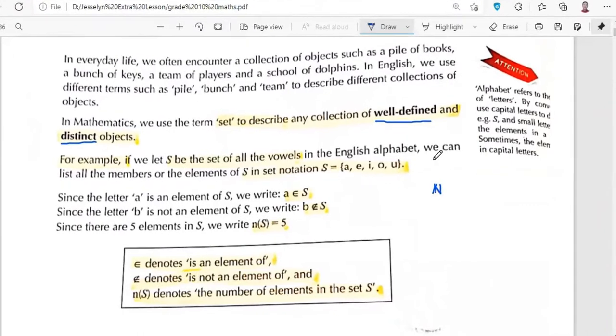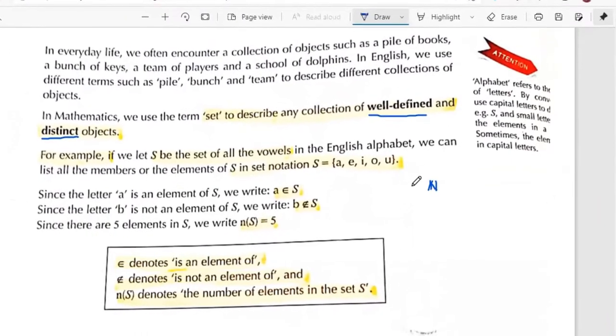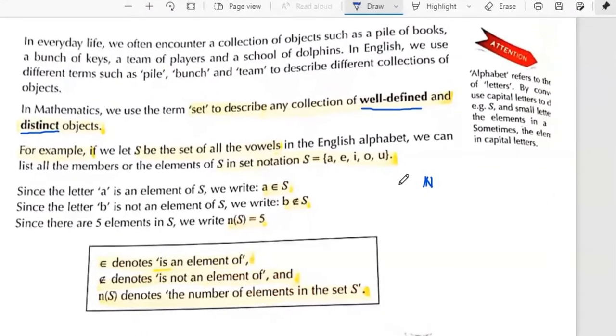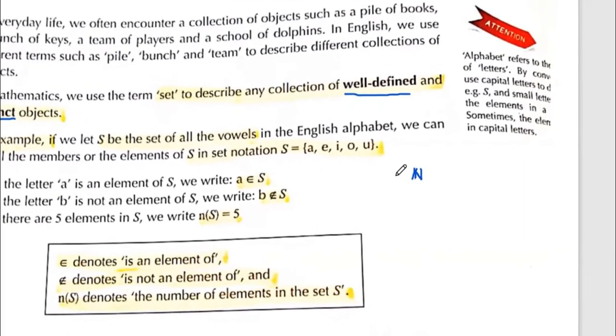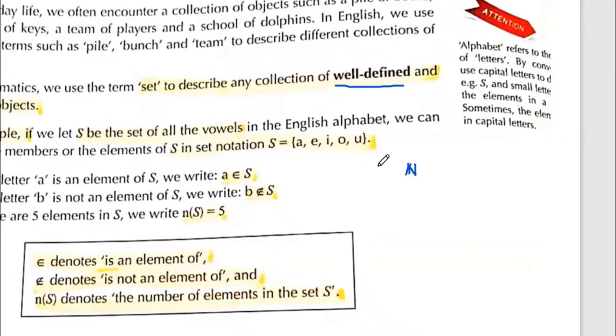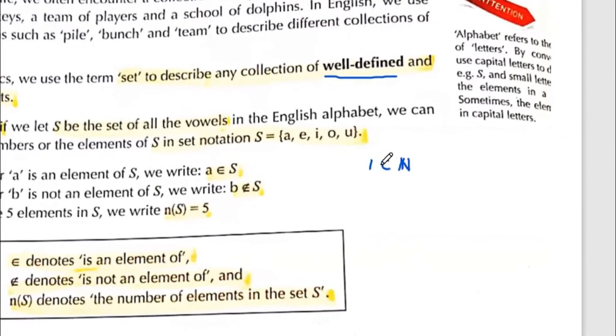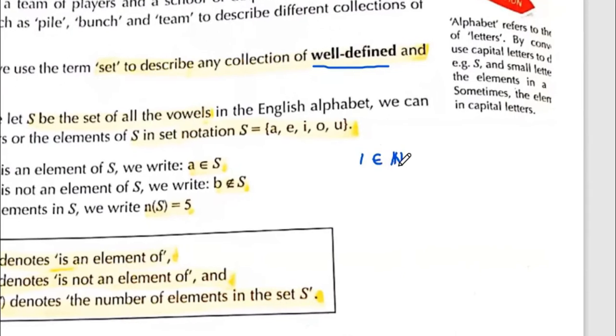So we let, for example, 1 be an element of the counting numbers N, or natural numbers.